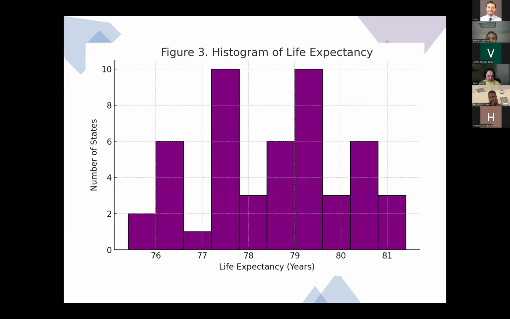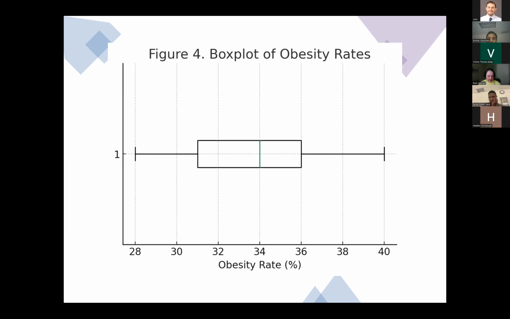And the next one was histogram of life expectancy, which clearly shows how it spread all over the number of the states. The other thing was box plot of expectancy rates, where I get it from the Excel. It also shows where the data is spread over the states compared to obesity rates.